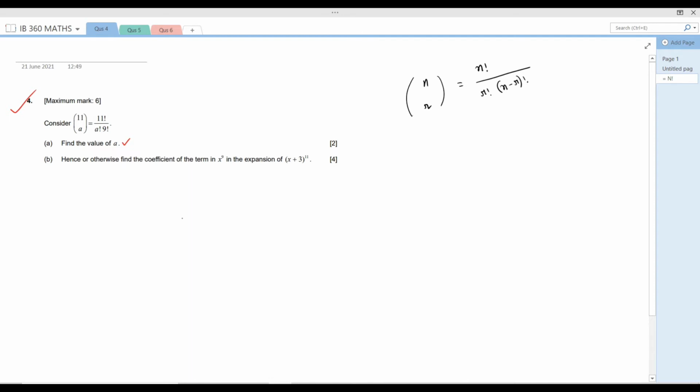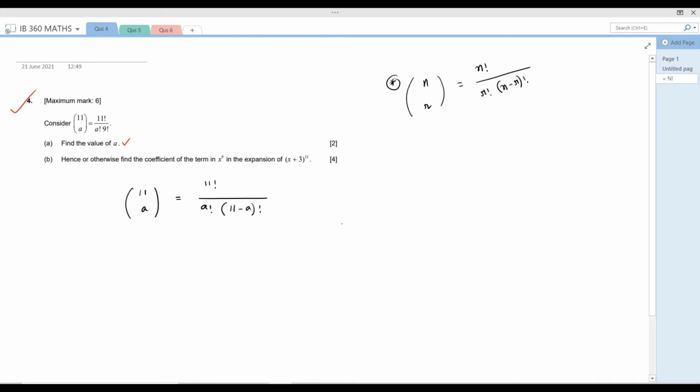That is, if it is 11Ca, then according to this formula, it will be 11 factorial divided by a factorial into (11 minus a) factorial. So this is the formula if we try to apply it in our question.